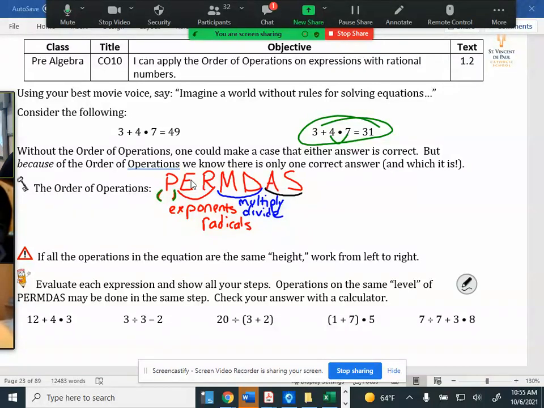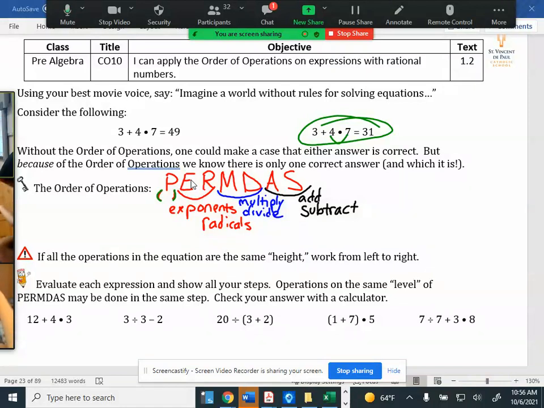Then our last level is add and subtract. Again, whichever one you hit first as you are going from left to right is the one that you do. So if all the operations in the equation are the same level, work from left to right.